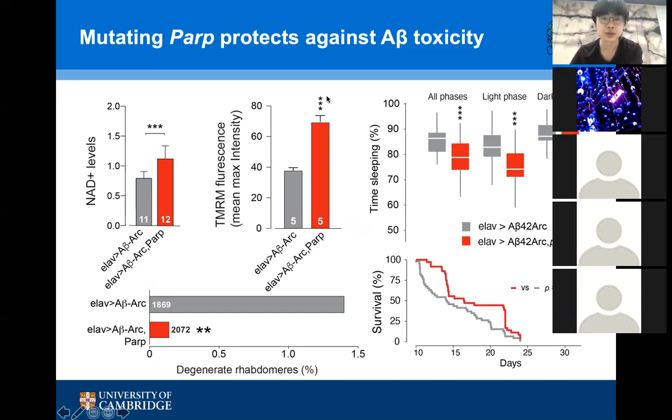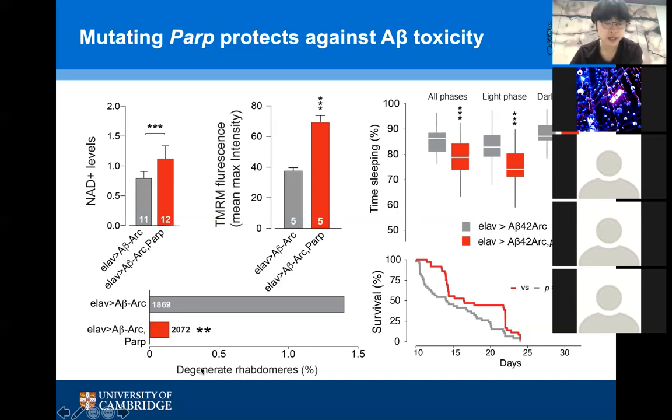And this leads to, in fact, a higher level of TMRM, which is a readout of mitochondrial membrane potential. So it seems that by mutating Parp, flies that overexpress amyloid beta have healthier mitochondria.